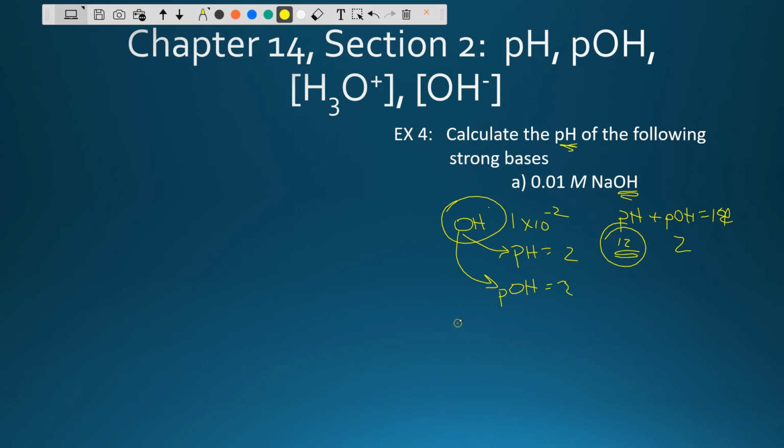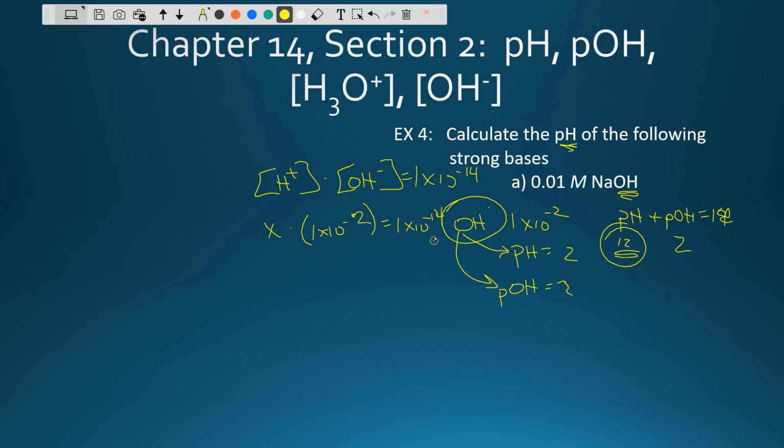There is another way that we could solve this, guys. If I say that my OH is 1 times 10 to the negative 2, well, remember that my hydrogen times my hydroxide is going to equal 1 times 10 to the negative 14, doesn't it? If I plug in, this is going to be X times 1 times 10 to the negative 2, which equals 1 times 10 to the negative 14.